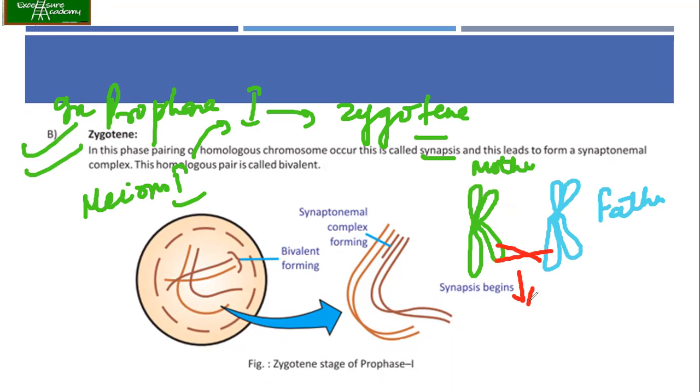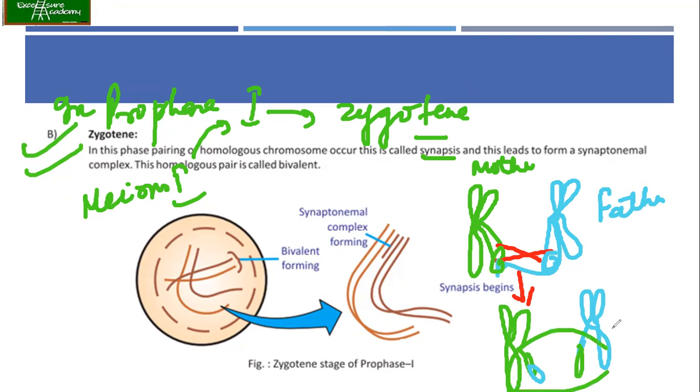Because of this crossover, it will look something like this. Here, this portion of blue will go here and this much portion of green will go over here. Now this particular thing is also called homologous recombination.